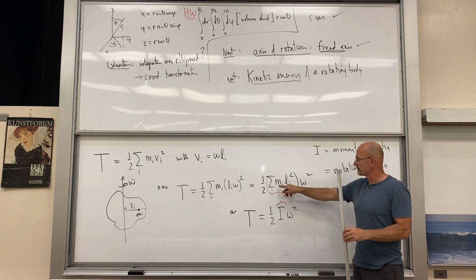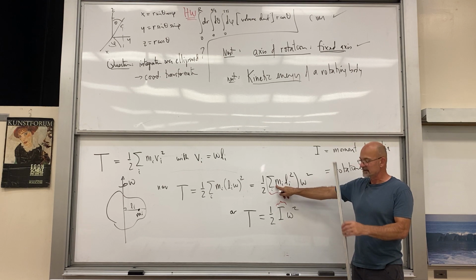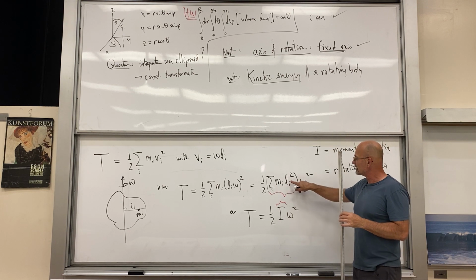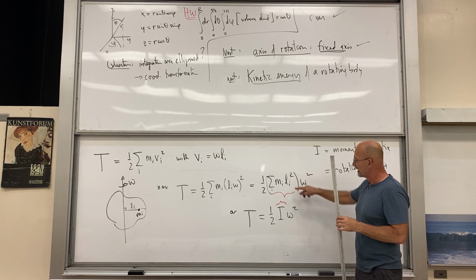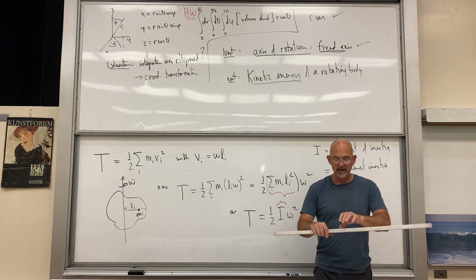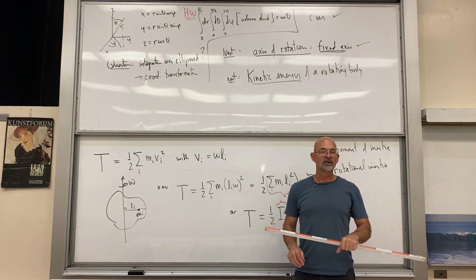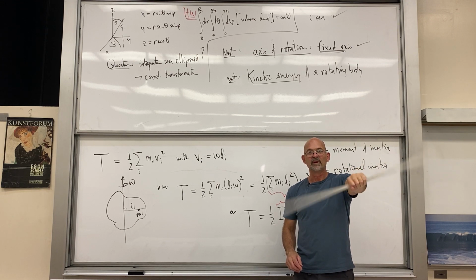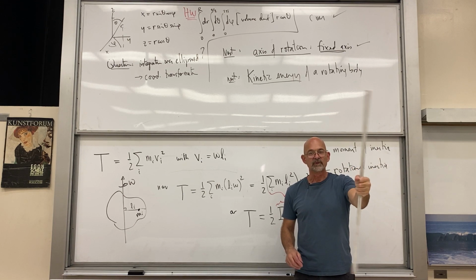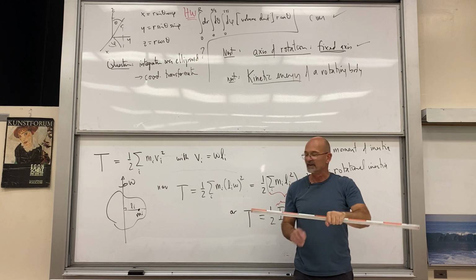So you've got all the same masses that comprise this ruler times the sum of all these very small lengths squared. On the other hand, if you just grab it here, everybody's encouraged to do this, by the way, if you have a meter stick, you grab it in the middle and spin it that way, you definitely feel the resistance to the twisting there.